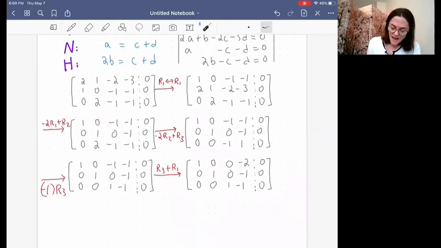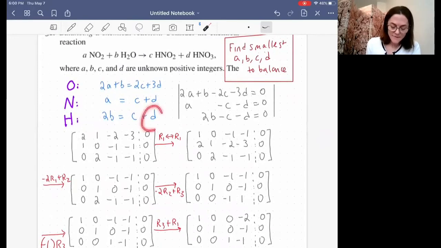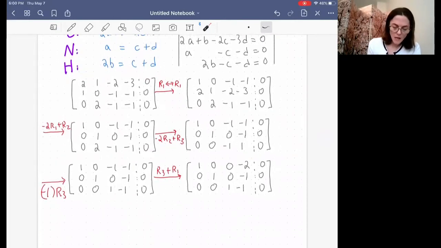And now, I was calling it X4 is our free, and like I said, I forgot these letters we were using, so the D is the free variable column. It's the 4th column. So what is a general solution?